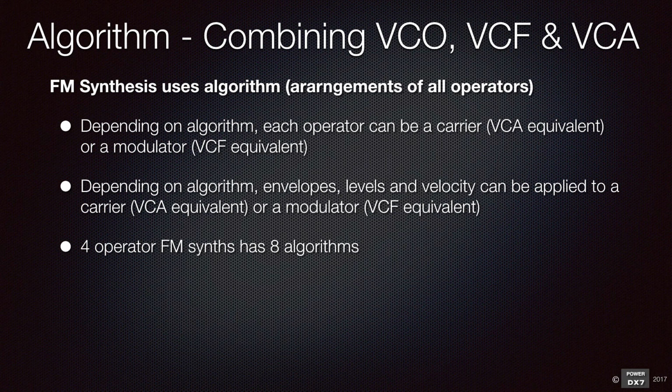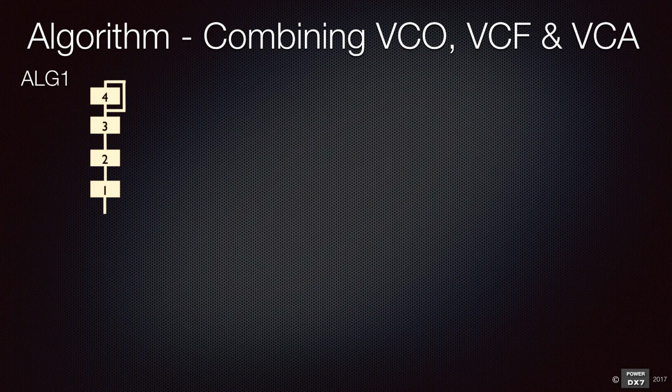We can quickly go over one by one. Algorithm 1 has only one tower with all operators stacked on top of one another. It has only one carrier and the rest is modulators. That means that operator 1 can act like a VCA and the rest acts as a VCF, generating harmonic-rich tones.